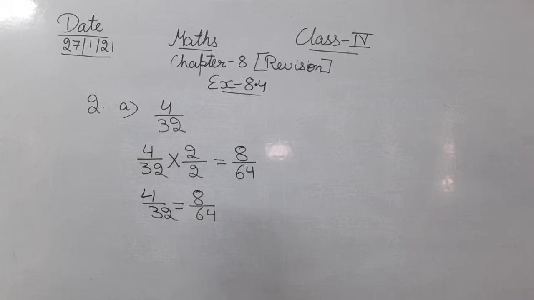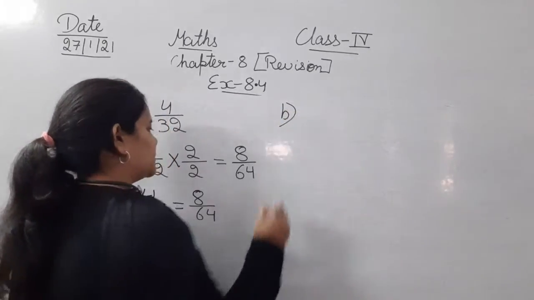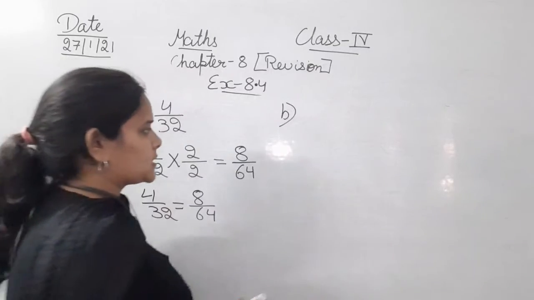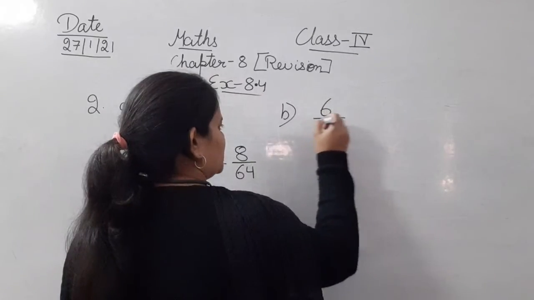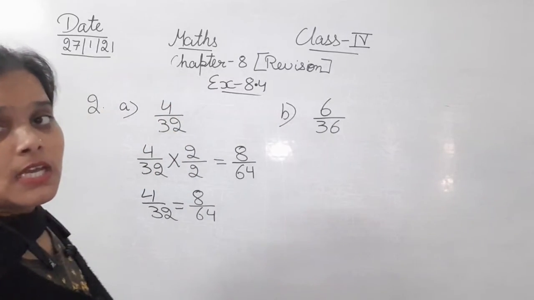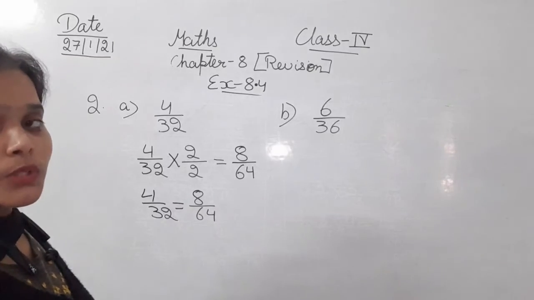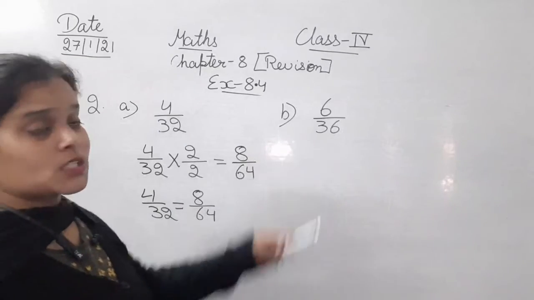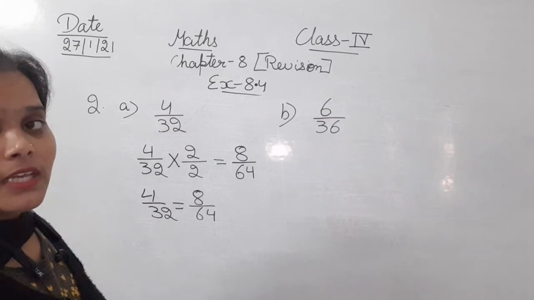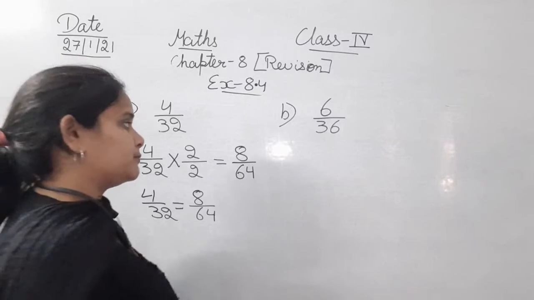Okay, चलिए moving next to the B part. The B part is 6 upon 36. So we have to multiply this 6 upon 36 with another number, with the numerator and the denominator by the same number, so that you can find one more equivalent fraction to 6 upon 36.